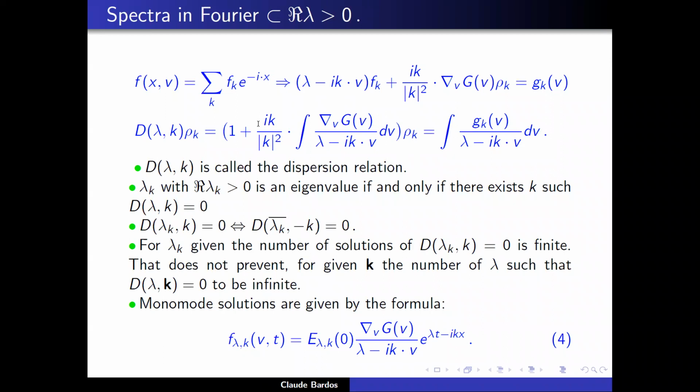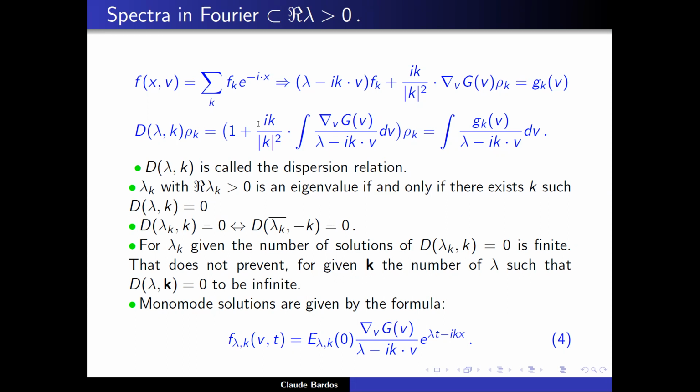Then when you have done that, rho k is the Fourier component of the density, you integrate and you obtain 1 plus the integral of the gradient of G over lambda minus ikv dV. All that is a factor of rho k, and this is equal to the right-hand side. The right-hand side is the integral of the Fourier component of the source, Gk of V, over lambda minus ikv. Now, it's clear that if you want to have an eigenvalue, this has to be 0, not different from 0.